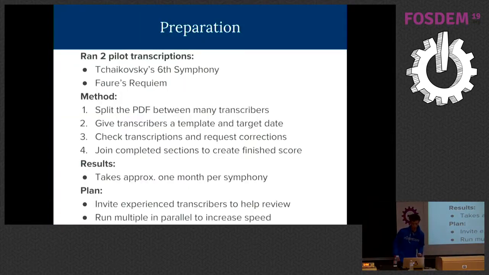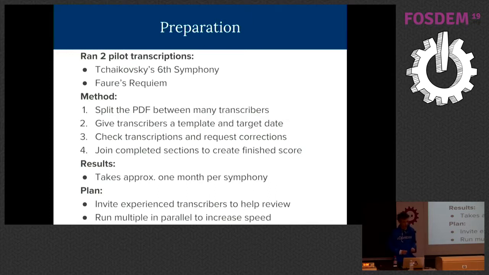So we announced the project at FOSDEM 2017, and at that point we had run one pilot transcription, of Tchaikovsky's Sixth Symphony, and then shortly afterwards we did another to transcribe Fauré's Requiem.